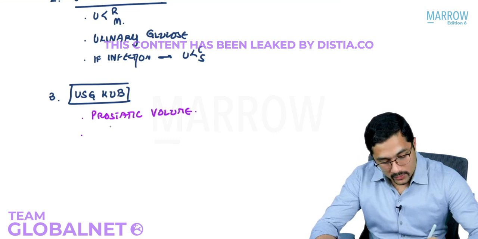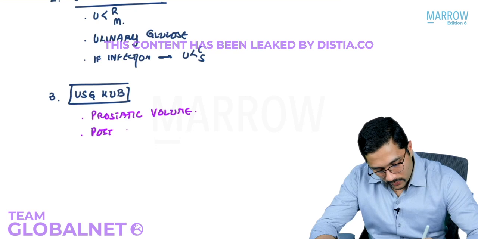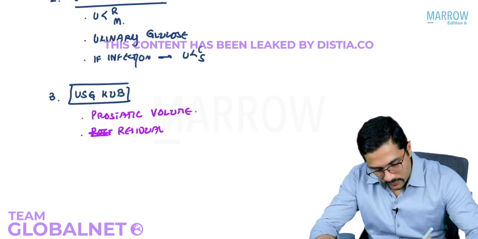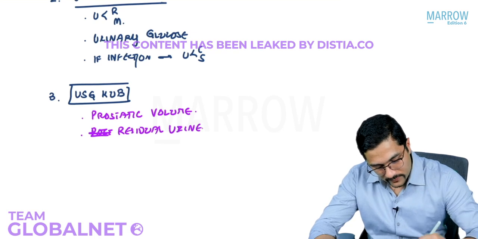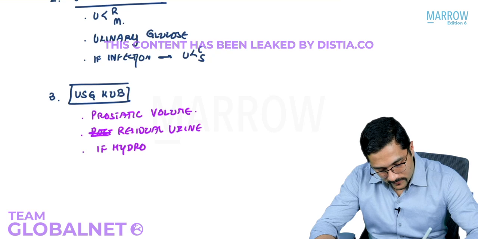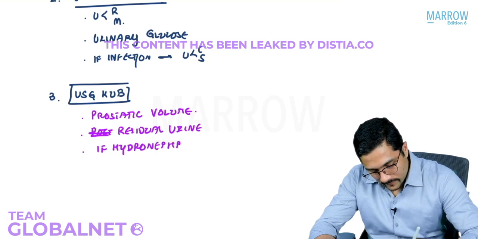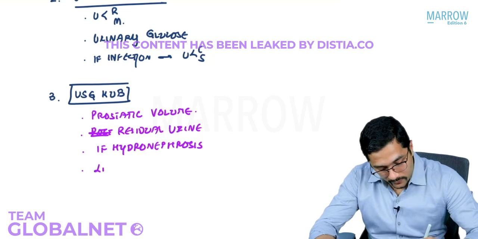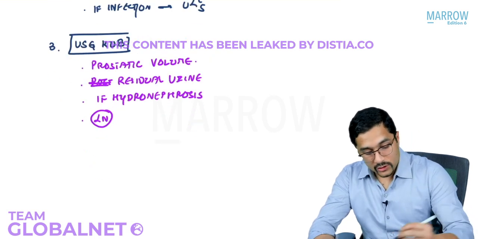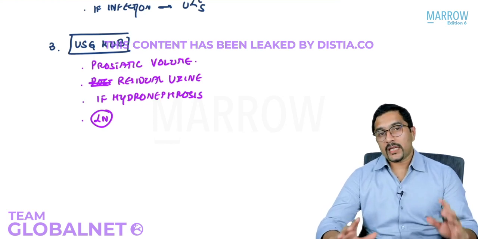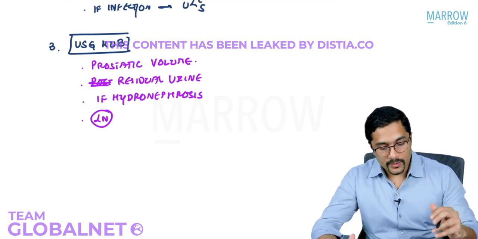It tells us about the post-void or residual urine, the amount of residual urine. It will tell me if hydronephrosis is present. And it can even tell me about lymph nodes if they are enlarged to a large extent. So this is the information I will get from an ultrasound KUB.